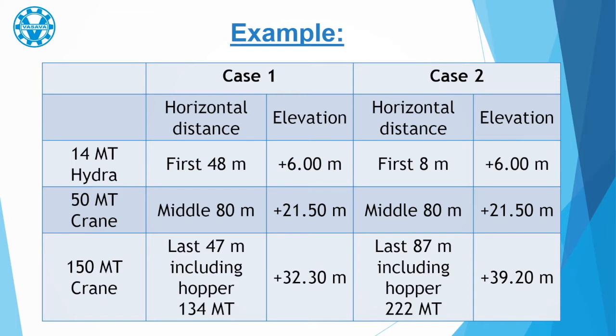Thereafter, the inclination of 11 degree goes to elevation 21.5 meter for the next 80 meter distance. Thereafter the conveyor goes at 13 degree inclination up to 32.3 meter elevation for the rest of 47 meter distance. And there is a hopper building structure having 134 metric ton at elevation of 35 meter.